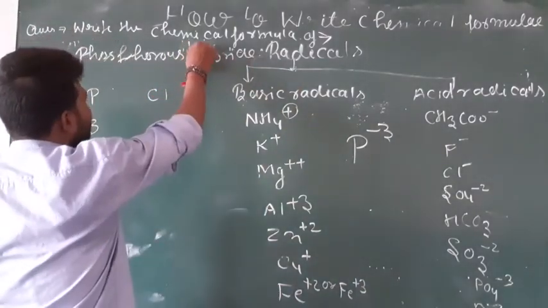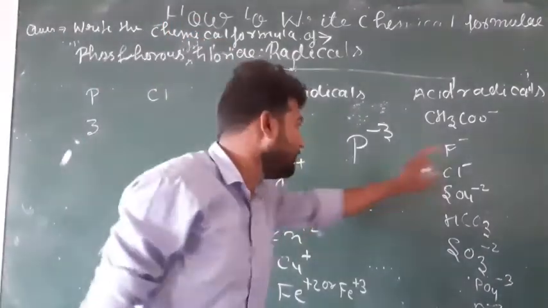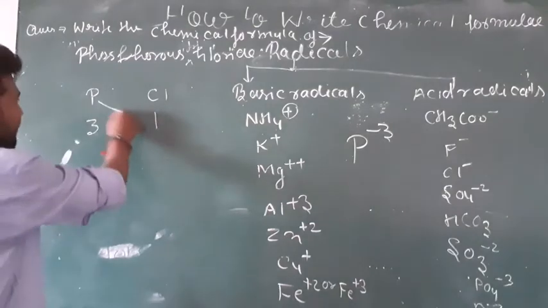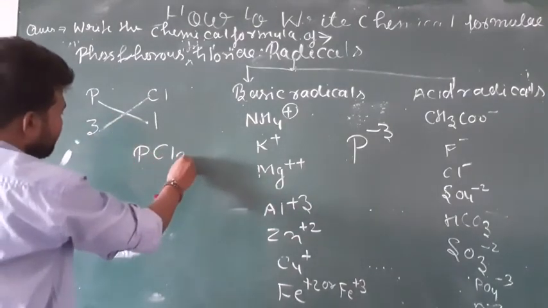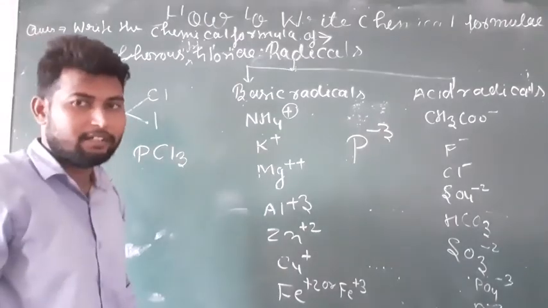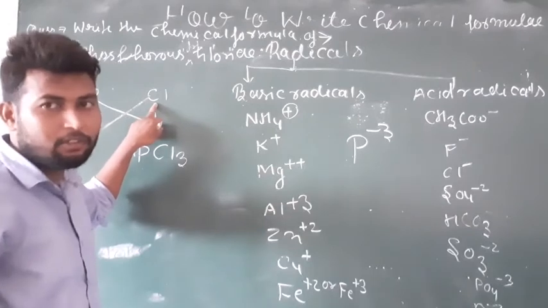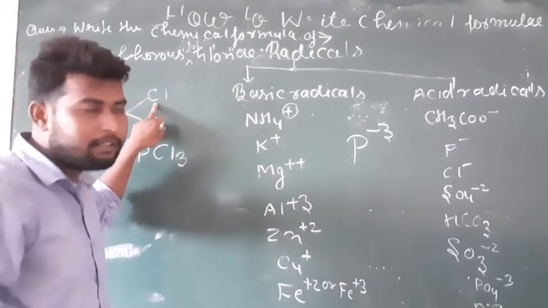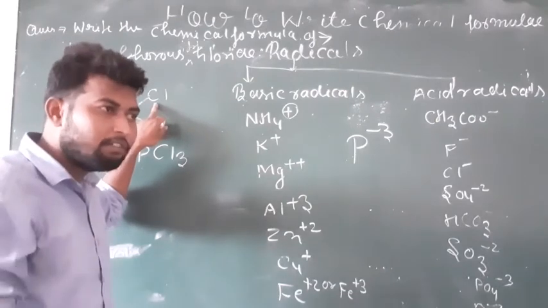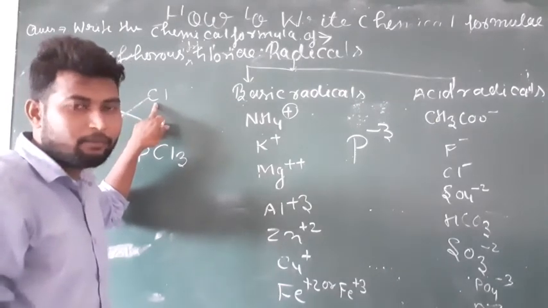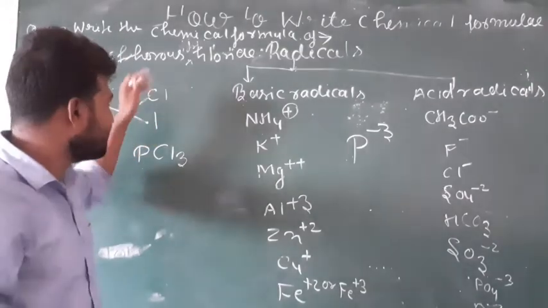Phosphorus valency is 3 and chlorine valency is how many? 1. Interchange. So phosphorus number 1 and chlorine number 3. So PCl3. Understood? Single atoms bearing 1, 2, 3 need no brackets. But when a group of atoms bears more than one valency, then you write with the help of brackets. Let's see another example.